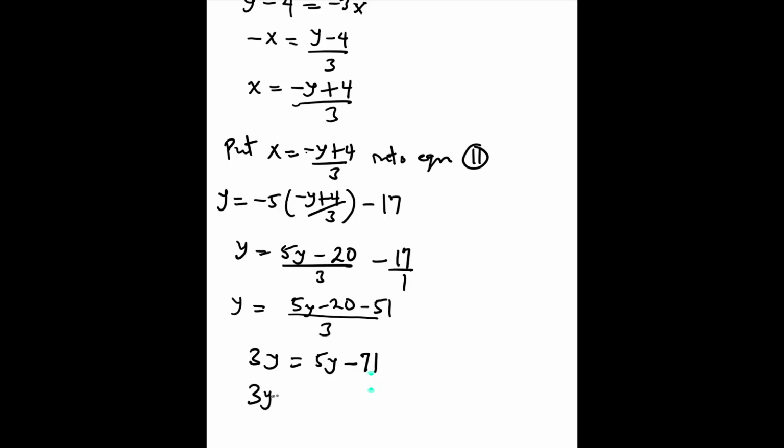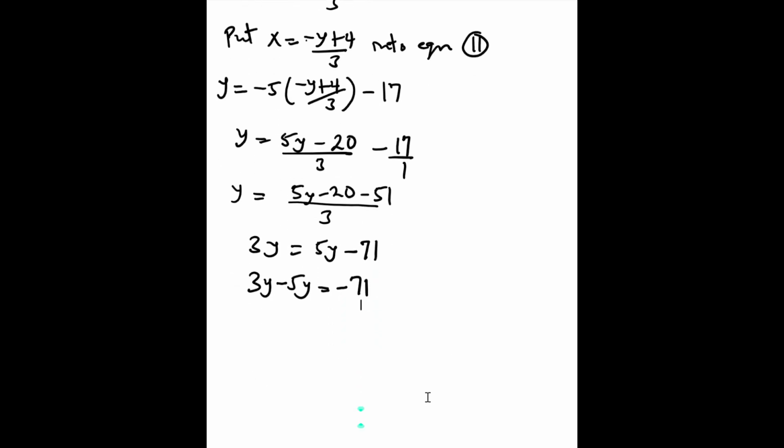Okay, so that will be 3y minus 5y equals minus 71. So 3y minus 5y is minus 2y, right? So that will be minus 2y equals minus 71.